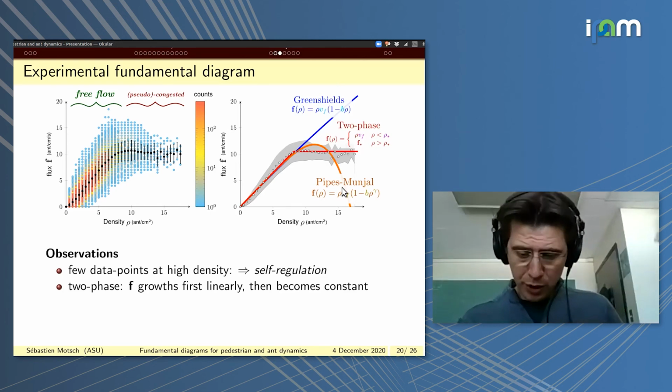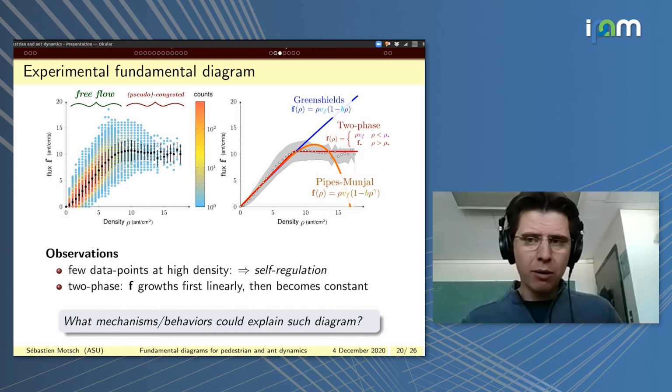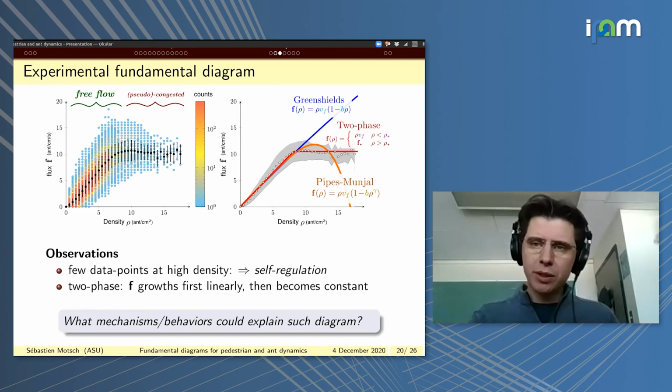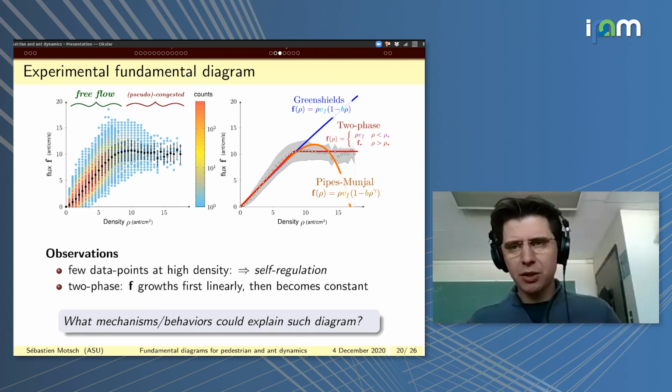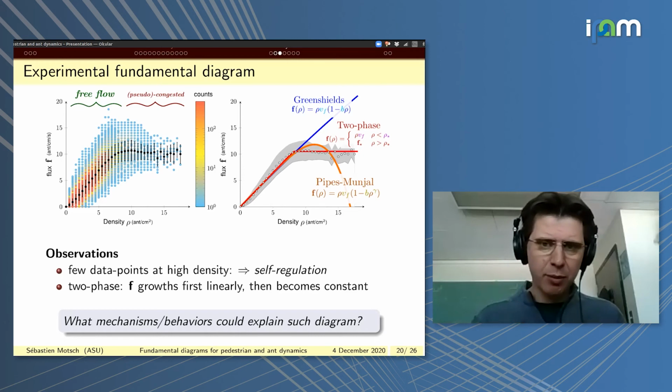But now the real question is, how do we end up with such a diagram? Can we go back to the ant behavior, what do they do, how do they interact, to explain this fundamental diagram?